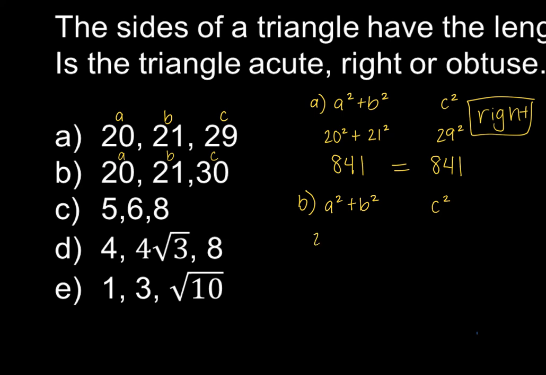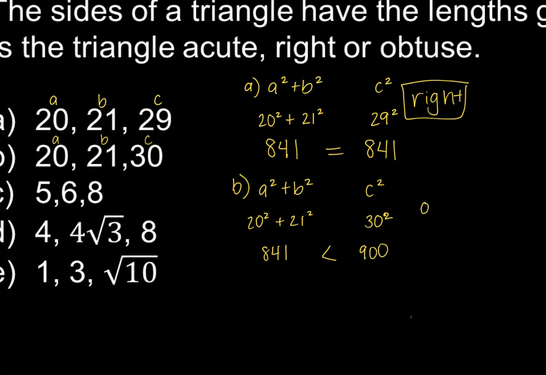A squared will be 20 squared plus 21 squared, and C squared is going to be 30 squared. Now, we already did 20 and 21. We got 841. Now, 30 squared is going to be like 900. Which one's bigger, 841 or 900? 900. So, if your C squared is bigger, do we have a right triangle, acute, or obtuse? Obtuse, okay? So this is an obtuse triangle.